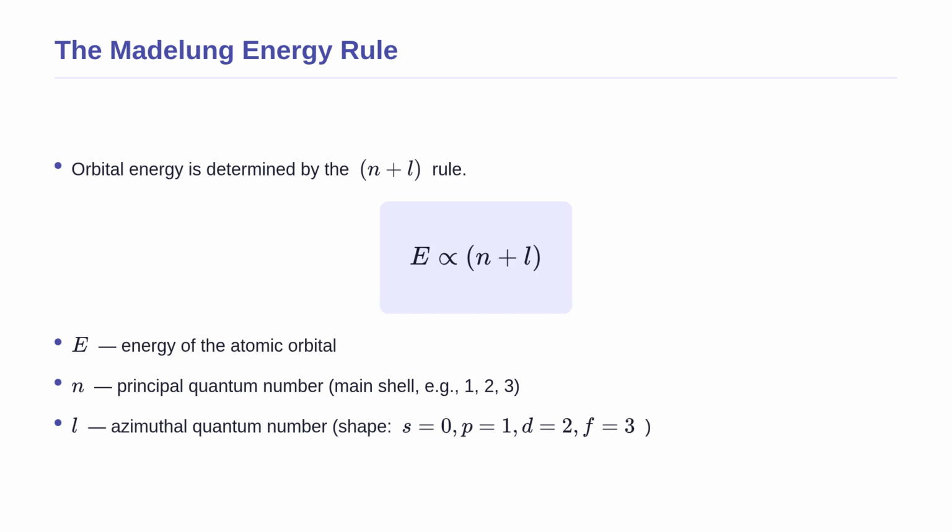In this formula, E stands for the energy of the orbital. The variable N is the principal quantum number, representing the main shell. The variable L is the azimuthal quantum number, representing the subshell shape, where S is 0, P is 1, D is 2, and F is 3. If two orbitals have the same sum, the one with the lower n value fills first.